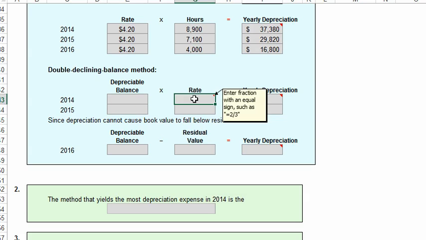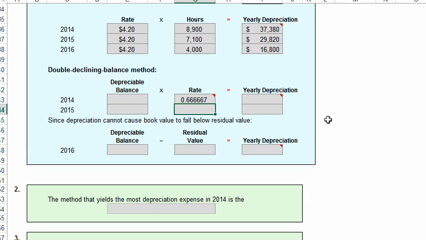Well, first we want to do our rate. Our rate is equal to 1 over the useful life in years, which is 1 over 3. And remember, we're going to double that rate, so times 2. 0.666667 or it's equal to 2 divided by 3.